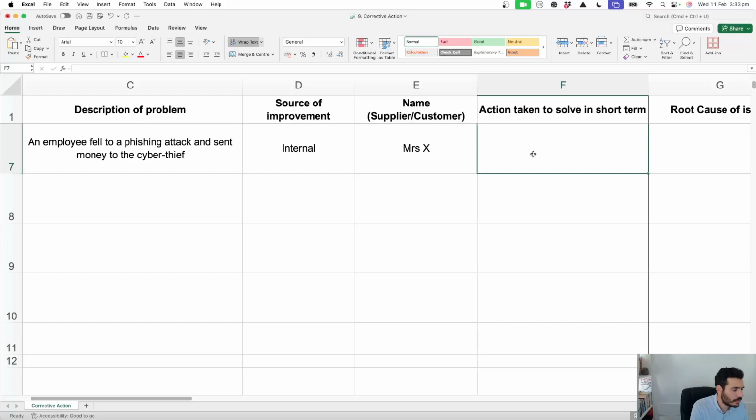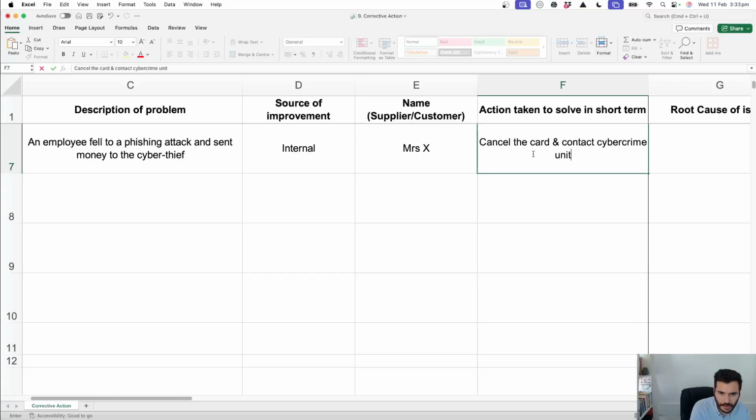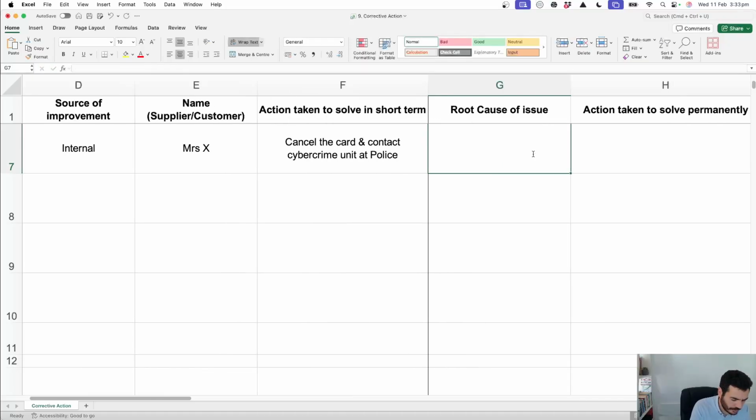And action taken to solve in the short term would be to cancel the card, for example, and contact the cybercrime unit at the police. Okay? Now, what was the root cause? The root cause could have been two things.